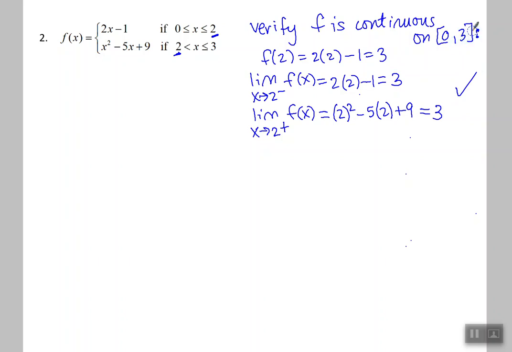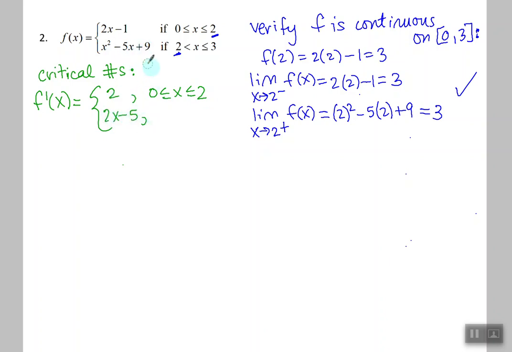Now let's talk about finding the critical numbers. To do that, we're going to take the derivative. So critical numbers, f prime of x, and we'll do each piece one at a time. The derivative of 2x minus 1 is 2, and that's for the piece of 0 is less than or equal to x is less than or equal to 2. And then the derivative of this one, 2x minus 5, and that's for 2 is less than x is less than or equal to 3.